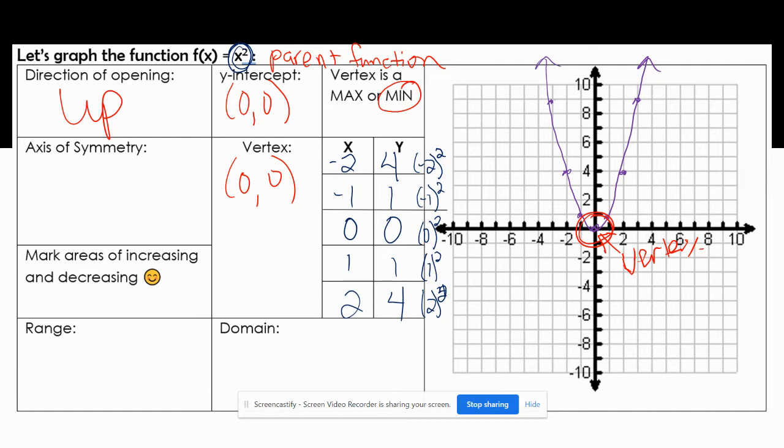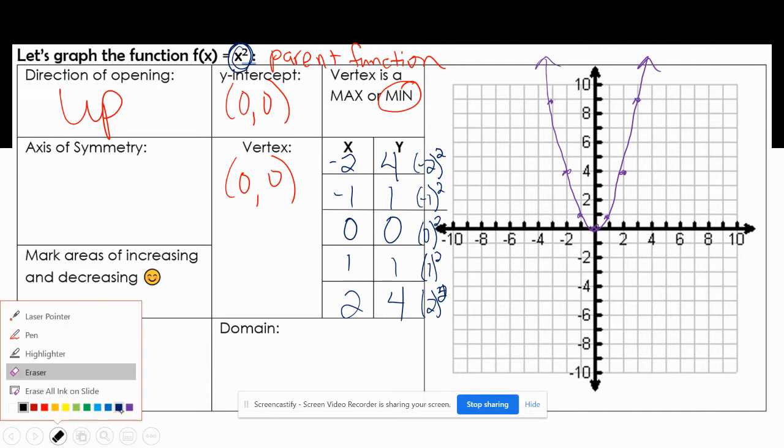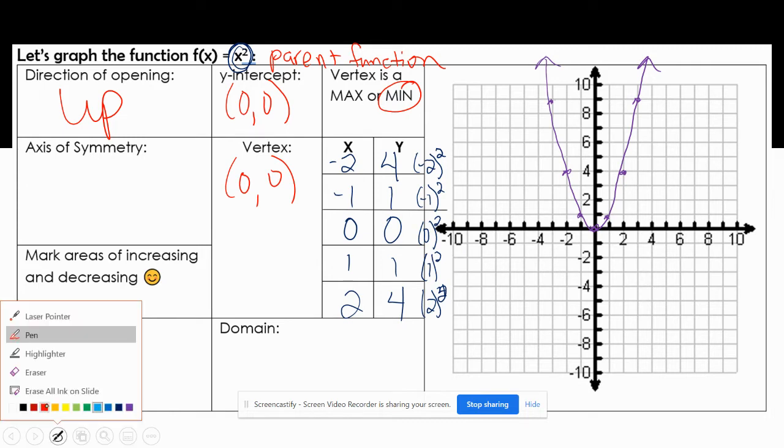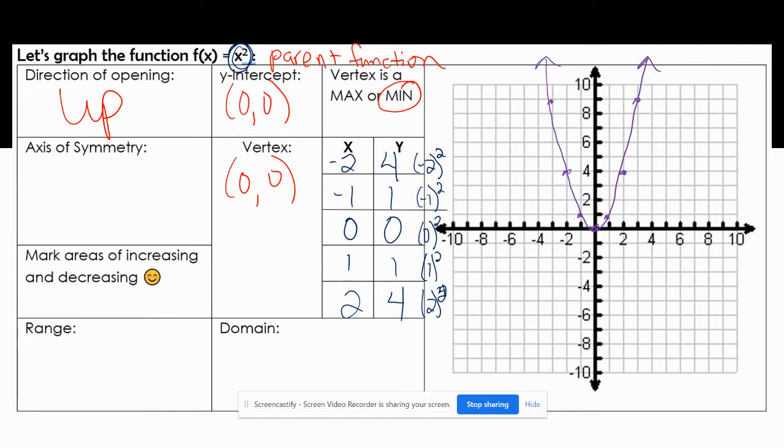Our axis of symmetry, I'm going to erase this here, is a line that we can draw where our graph can fold over onto itself exactly and symmetrical. So that's going to be right here through our vertex.